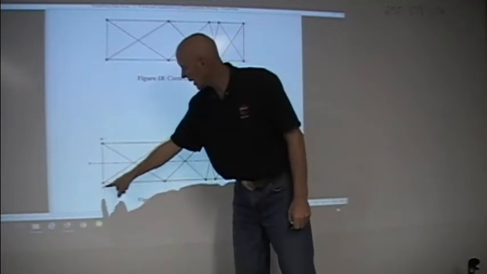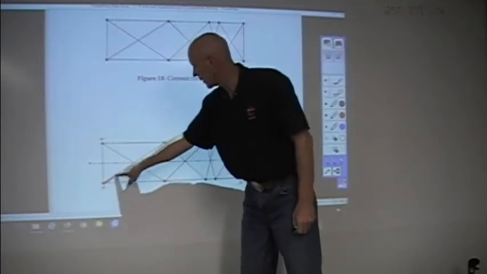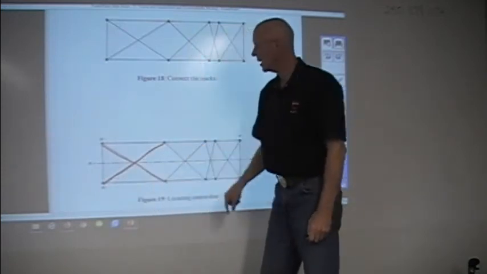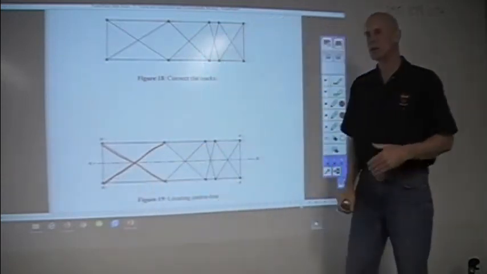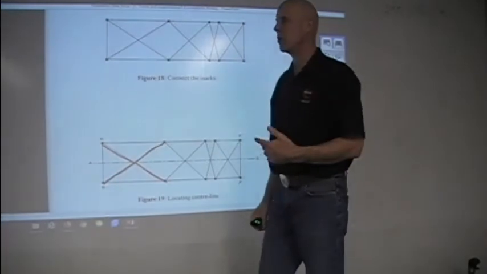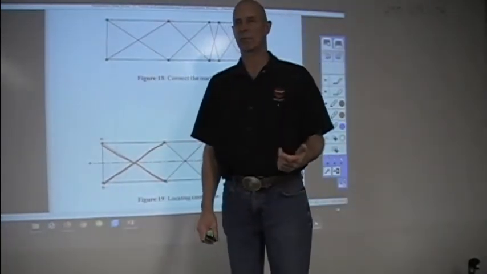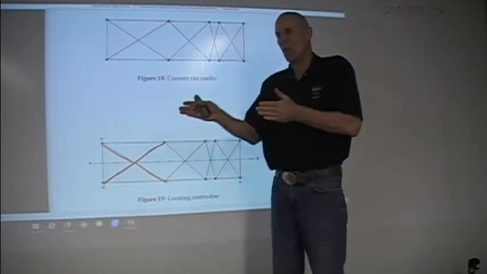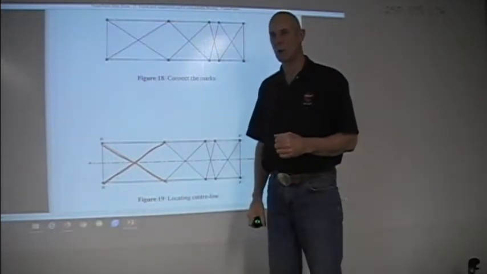What I'm going to do then is measure this distance and then this distance. Now if the frame is nice and square, those two distances will be exactly the same. But if one distance is longer than the other, it means that one frame rail has shifted forward or backwards.